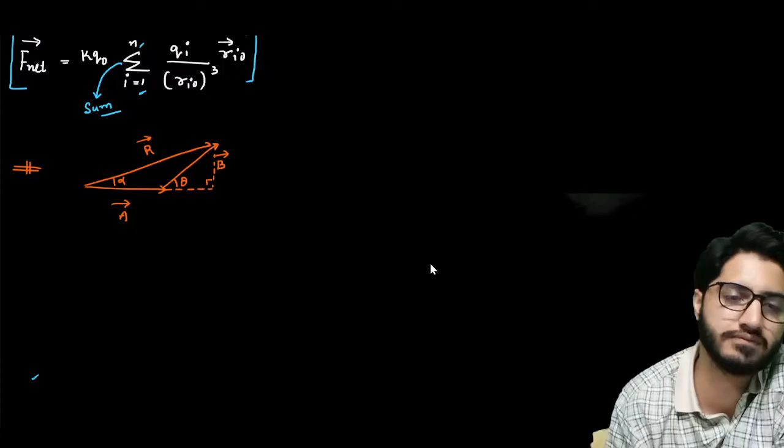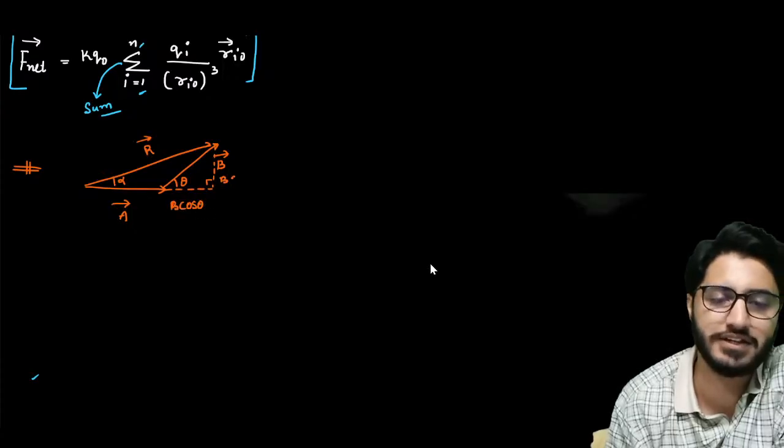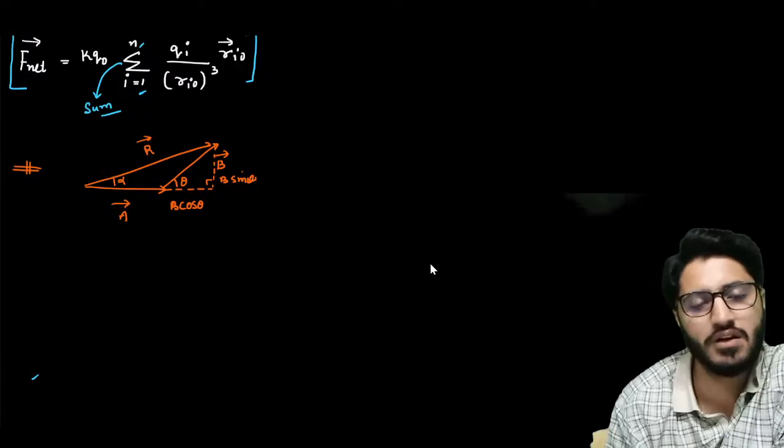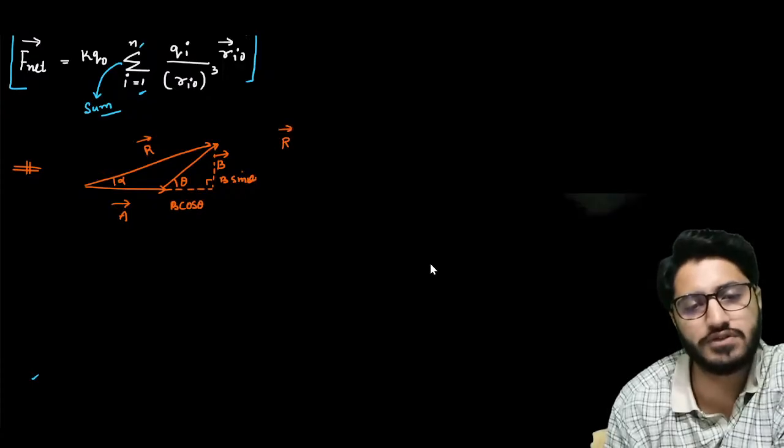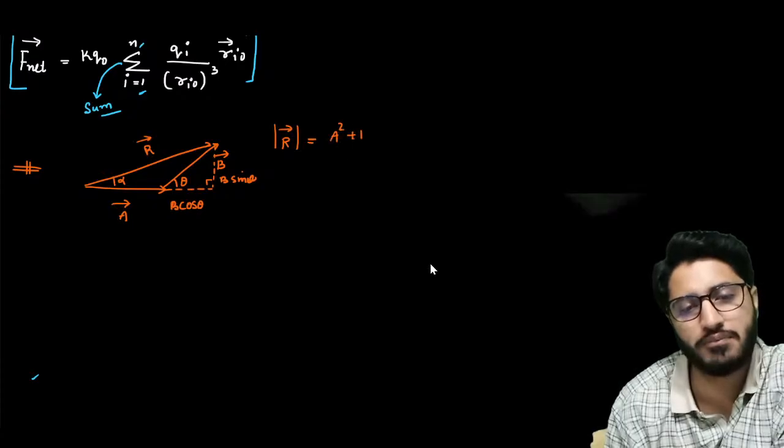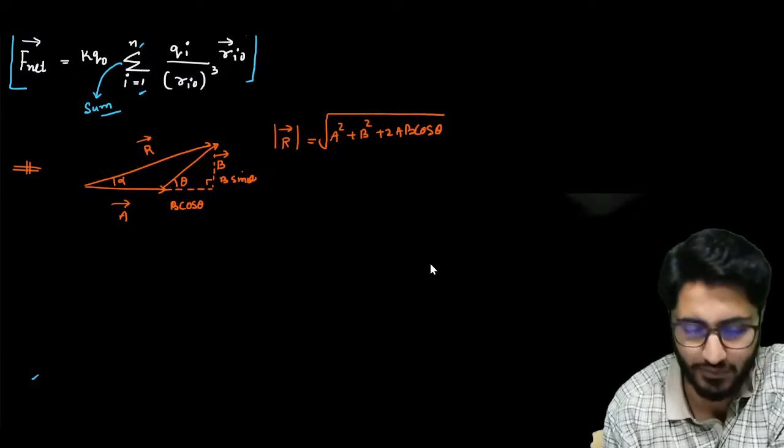This side is B cos theta, and this side is B sin theta. So my resultant magnitude would be the square root of A square plus B square plus twice AB cos theta. I guess you have very good memory from your 11th standard.